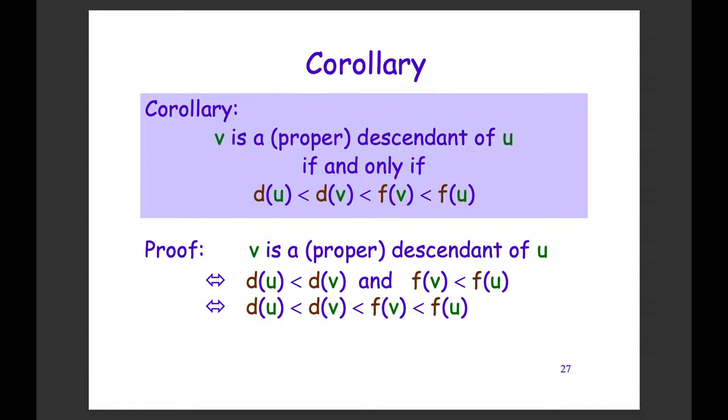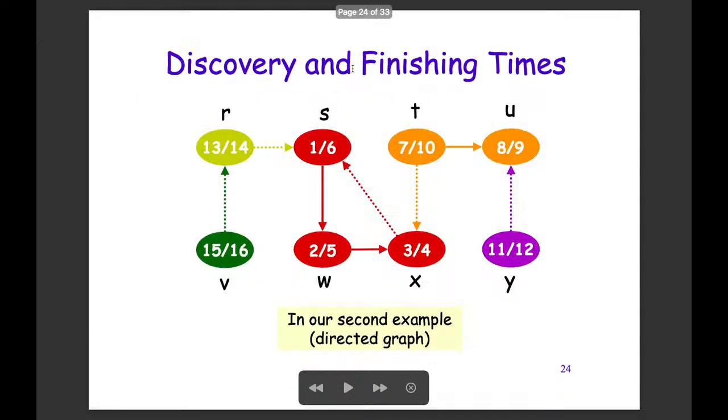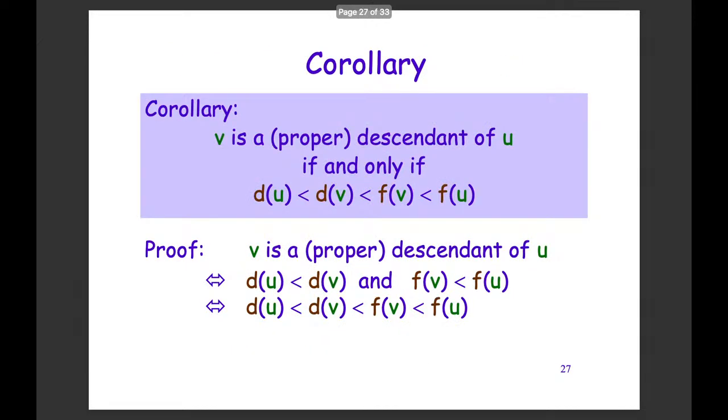So inductively, if in the DFS tree one node is the ancestor and one node is the descendant, then the ancestor will have an interval properly containing the descendant's interval. Because this contains this, and this contains this, so this one contains this one. Is that okay? So you can prove this corollary like this.